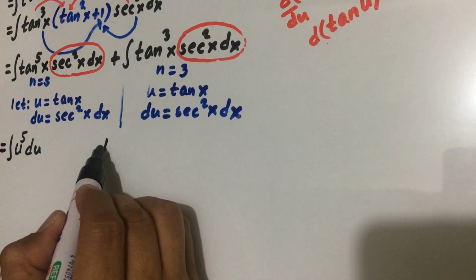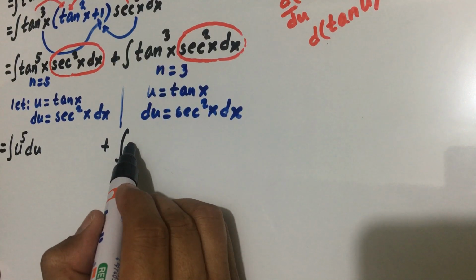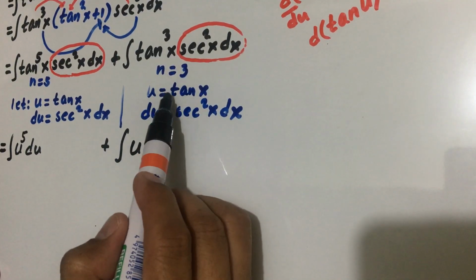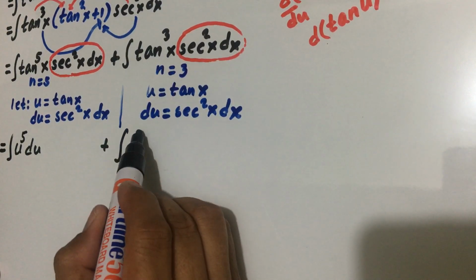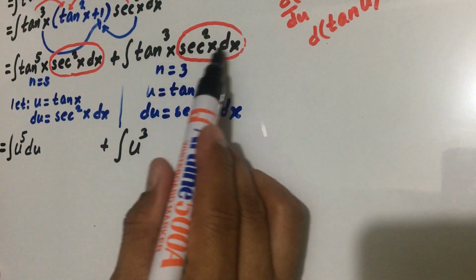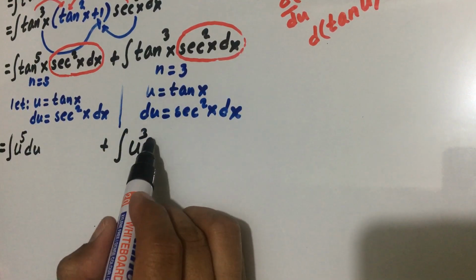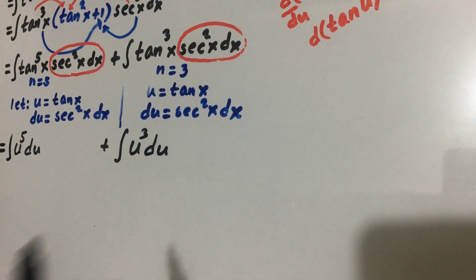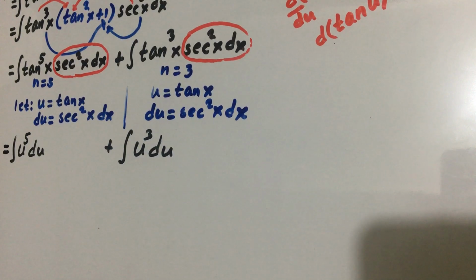Then plus the integral of u to the exponent 3, since tangent x is equal to u, times secant squared x dx, which is just equal to du. The result is in the form of a power, so we can use the power rule.